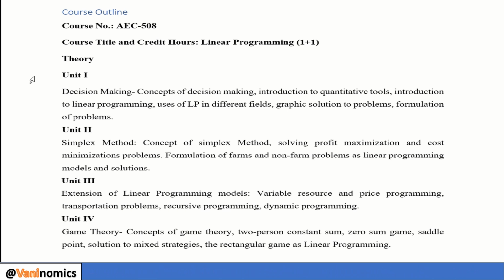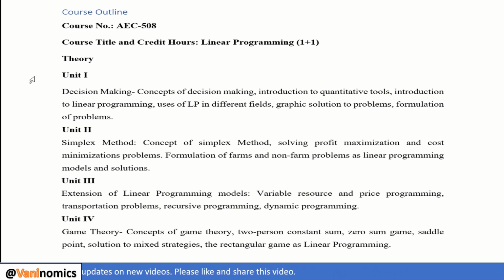Unit 4 will talk about game theory, what are the essentials of game theory, why it was developed, who developed it, and then we'll talk about two-person constant sum games, that is a classification of game theory. Two-person constant sum, two-person zero sum game, n-person game.